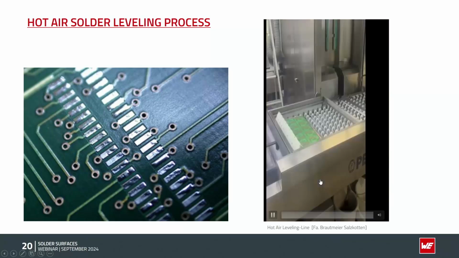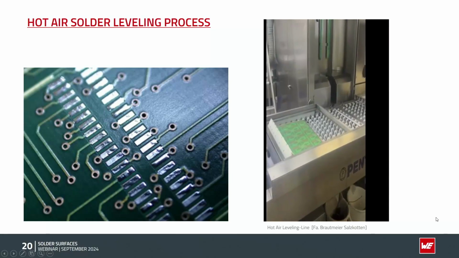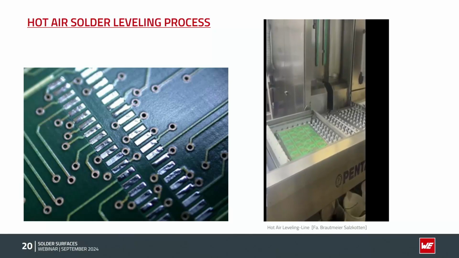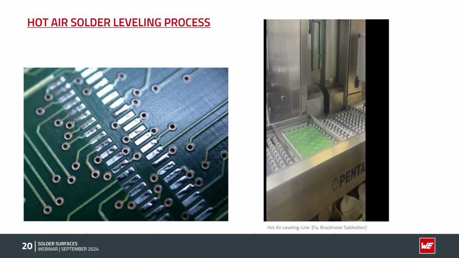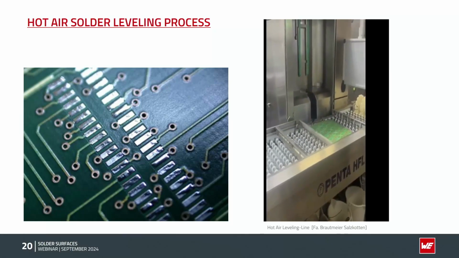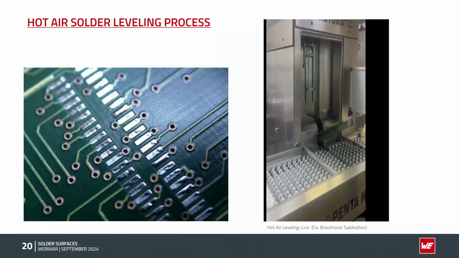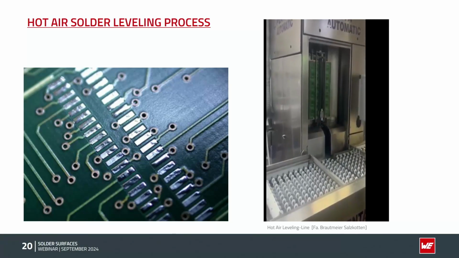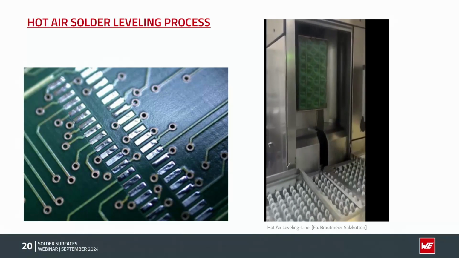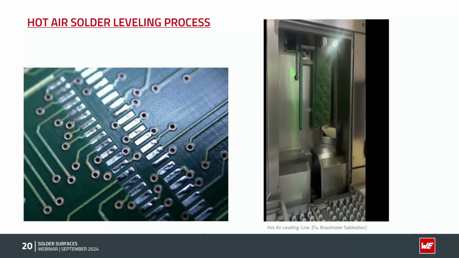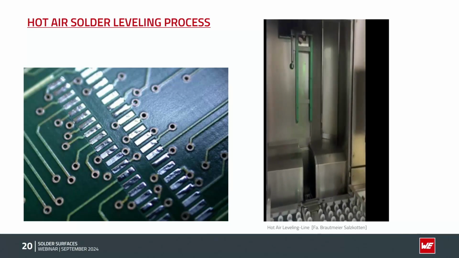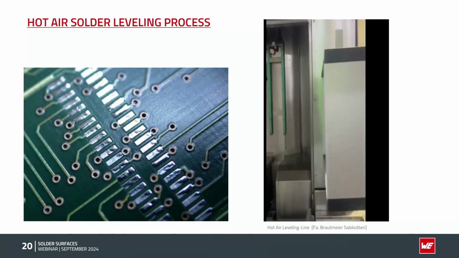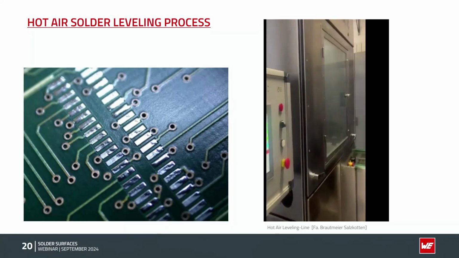And now let's have a look at the process. Prior to the application of the tin, there is of course a cleaning process. So now there's a handling system taking the panel and then dipping it into the liquid solder.